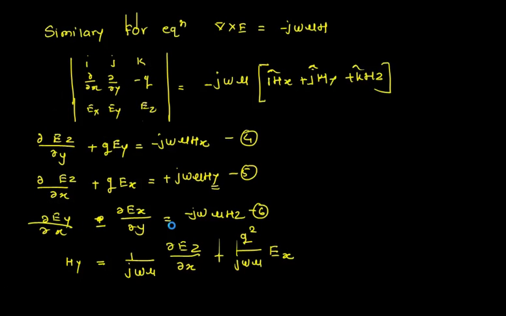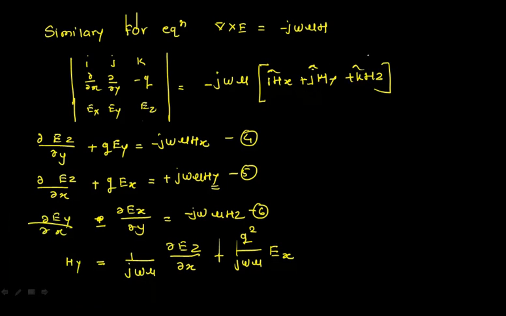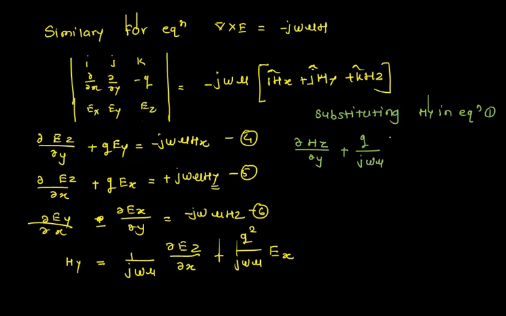So we have got something here, so I'll just write somewhere here, so it will be on the same page. So I can say substituting Hy in equation number 1. ठीक है. So our equation number 1 is ∂Hz/∂y plus γ/jωμ ∂Ez/∂x plus γ²/jωμ Ex is equal to jωε Ex.